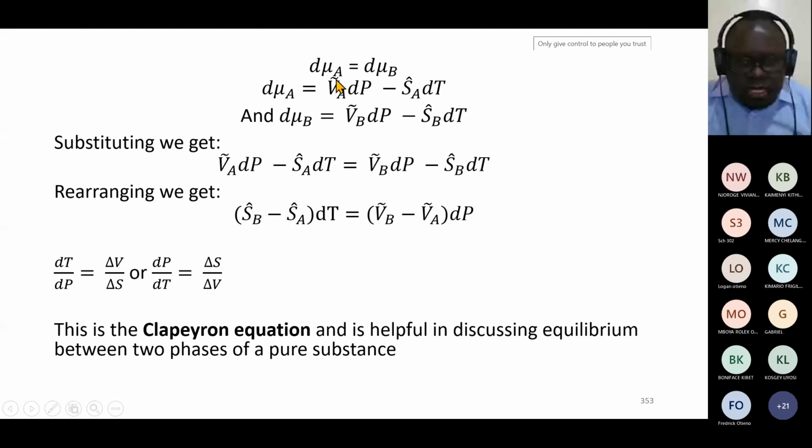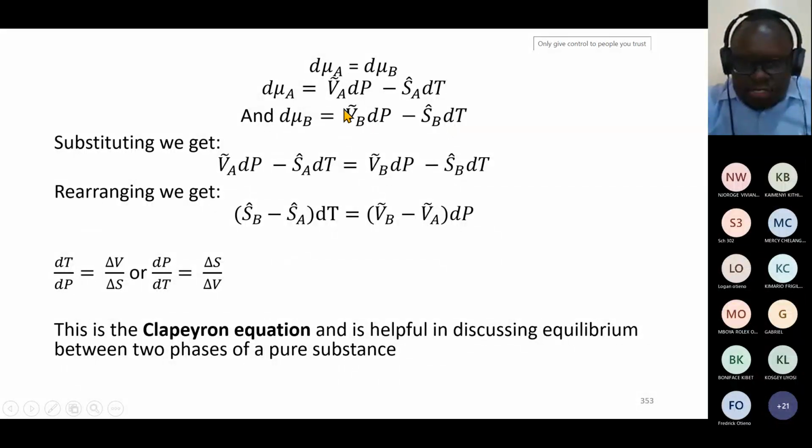We have these symbols here. The V with this symbol represents the molar volume, and the S with this symbol represents the molar entropy in that particular phase. And then d mu B equals VB dP minus SB dT.